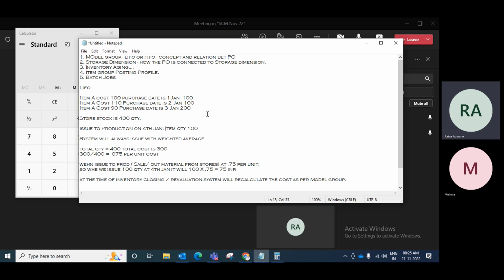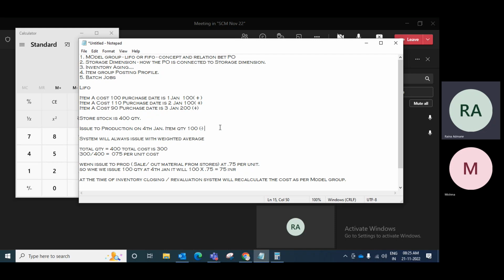A purchase is a plus, meaning you are purchasing, so your stock is plus. As soon as you issue, you are reducing the quantity. Every time you purchase or sell, the cost goes with that quantity.